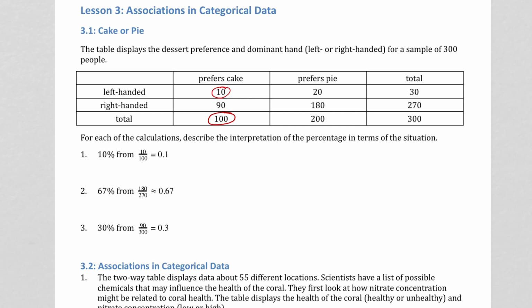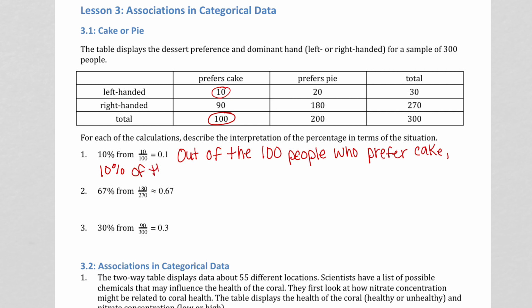So we're going to say out of the 100 people who prefer cake, 10% of them are left-handed.